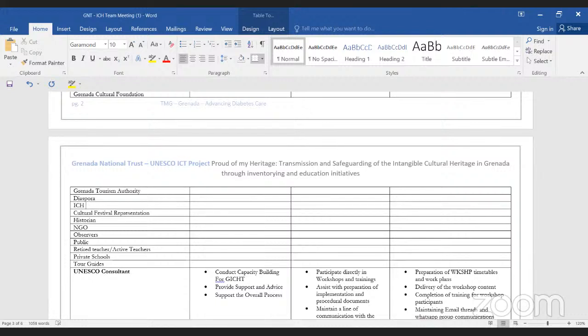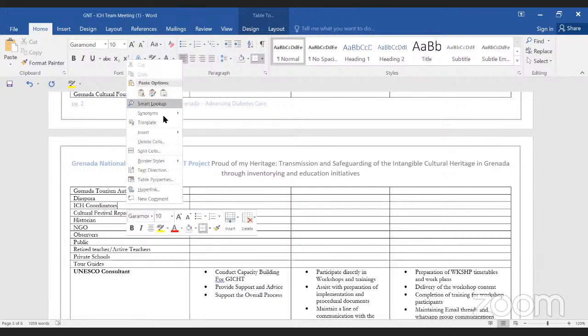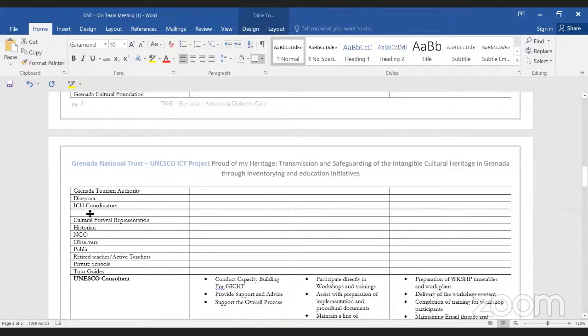Potentially, we need to secure Petit Martinique if it's going to be covered by Carriacou. So we have the ICH coordinators with specific job descriptions, and they will be planning and meeting and overseeing and supervising the ICH technicians.